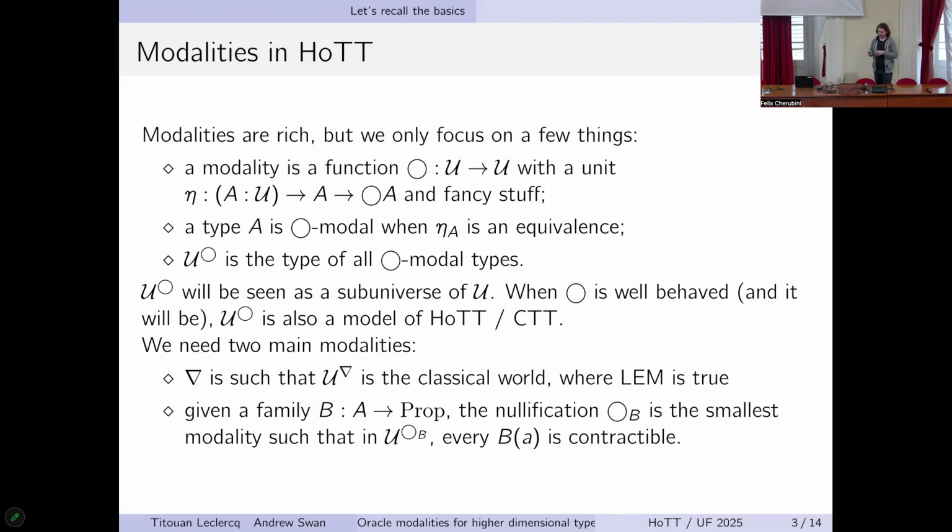You can define it as saying that you want every proposition such that its double negation is true to be inhabited. And the nullification, in our case, we will just use it for a family of propositions, and we can see it as the modality making every such proposition contractible.